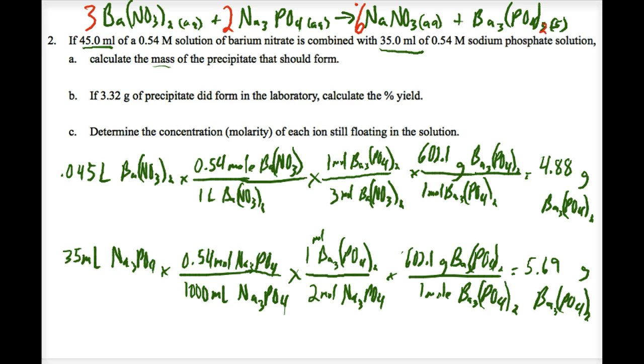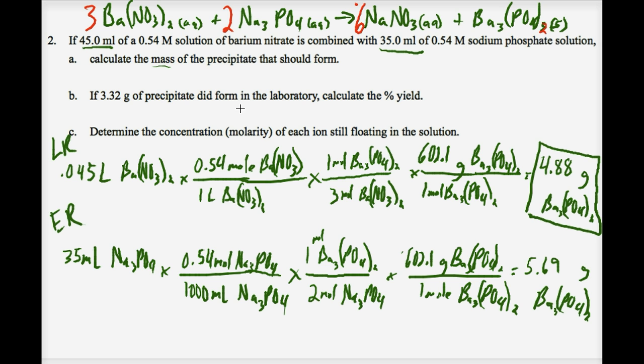Okay, I looked it up, 602.1 grams of barium phosphate in a mole. So I put that in there and did the calculations. From what we see here, we have the answer to A: 4.88, meaning the barium nitrate is the limiting reactant, and we have excess reactant of sodium phosphate.